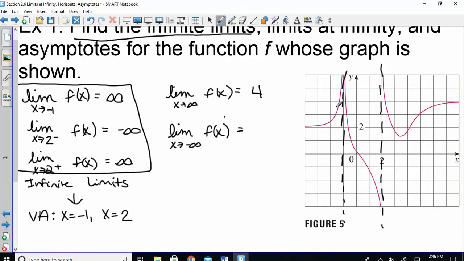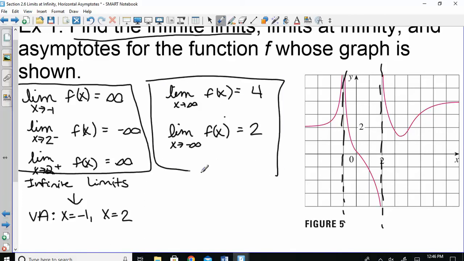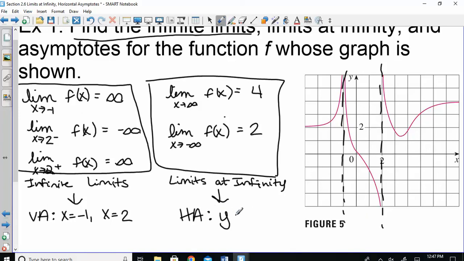As we go forever in the negative direction, what are we approaching? 2. So those are the limits at infinity, and they give me the horizontal asymptotes. Horizontal is y equals, so we have two horizontal asymptotes: y equals 2 and y equals 4.